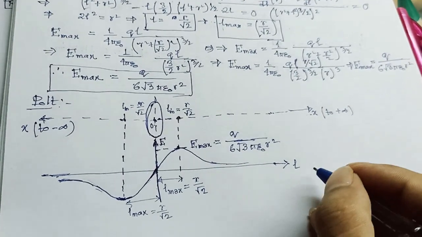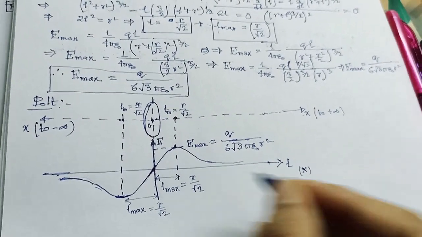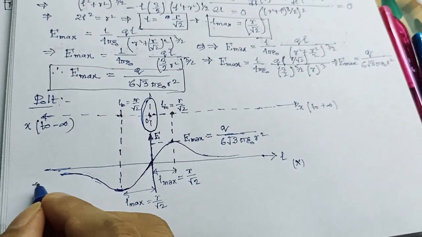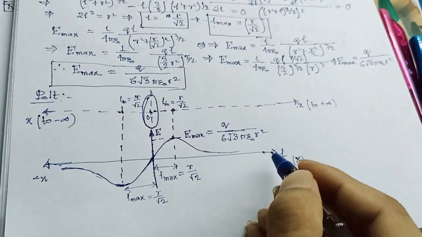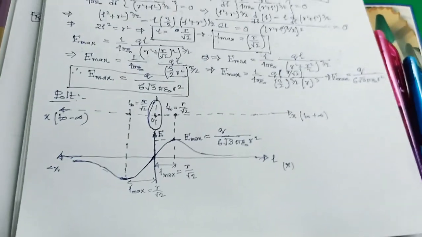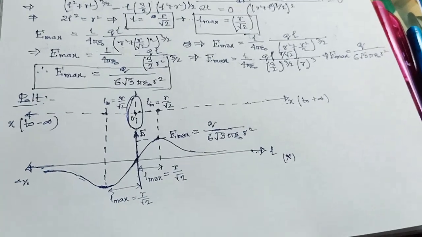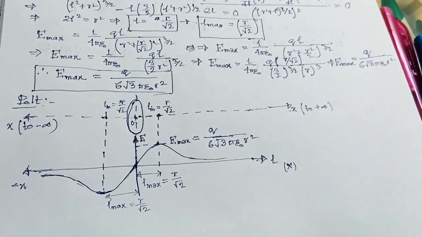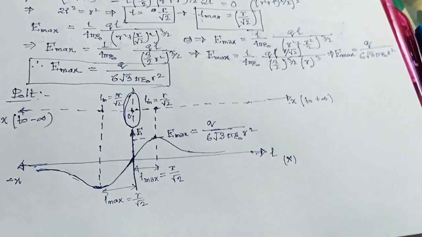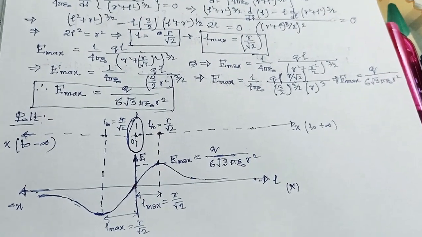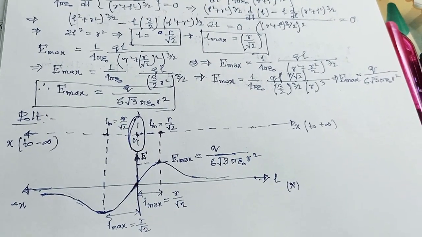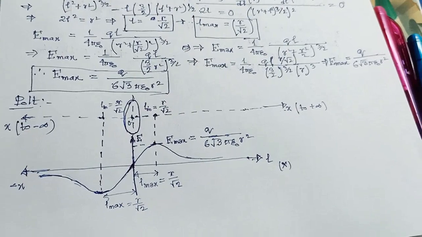This is the negative direction of x, minus x. So in this way we can plot the variation of electric field for a ring at a distance L from the center of the ring.